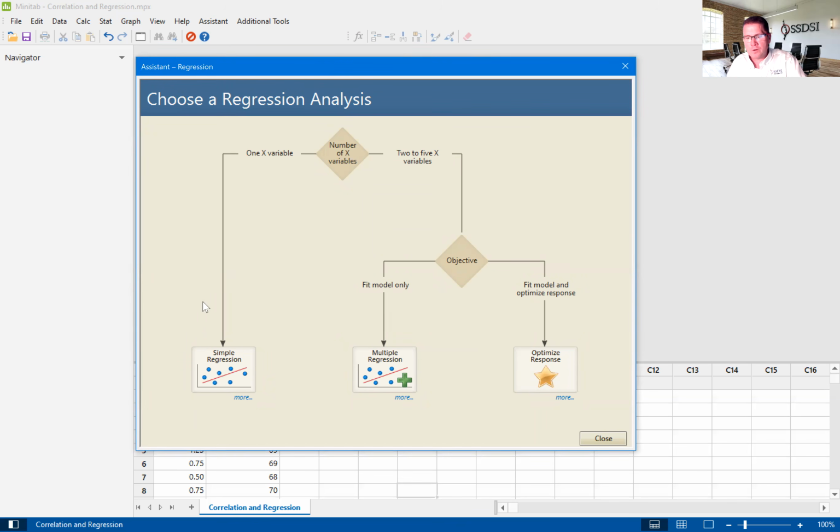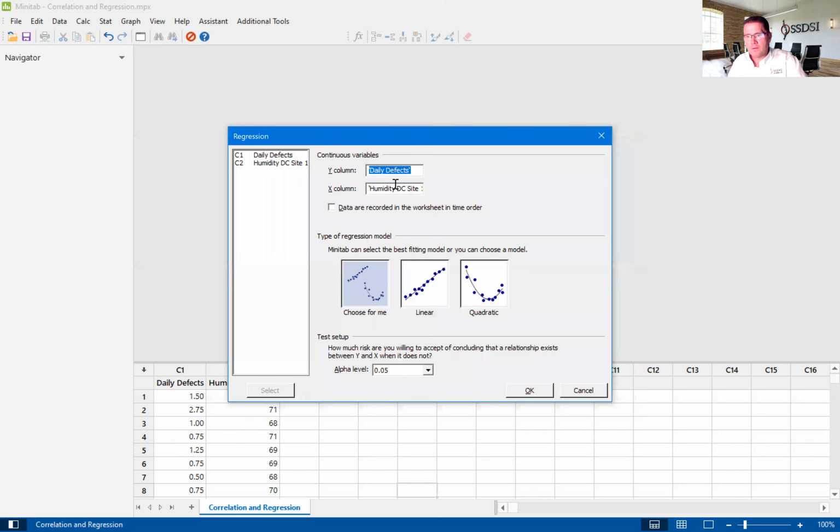We are going to go into simple regression rather than multiple regression, because we are only comparing one X to one Y. Our Y in this case is daily defects. Our X is humidity at DC Site 1. We are going to let Minitab choose for us whether this regression, if there is one, is a linear regression or a quadratic regression.